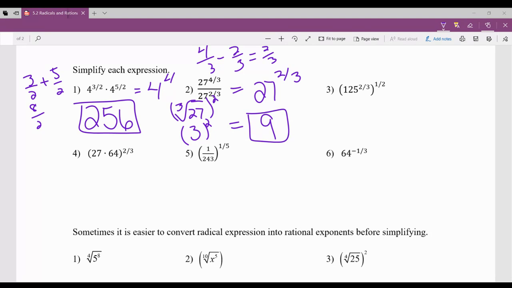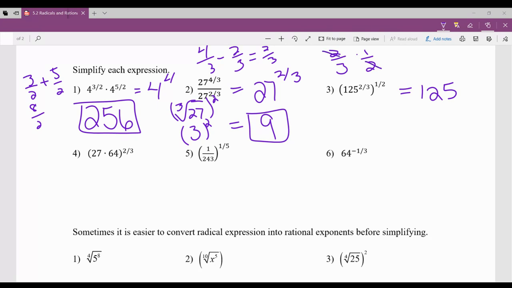All right. Now for the next one, we have 125 to the 2/3 raised to the 1/2. So we have a power to a power. So we have 125, and then we could take those two exponents, 2/3 and 1/2, times, because power to a power, we multiply.